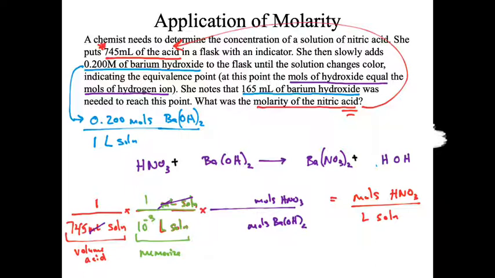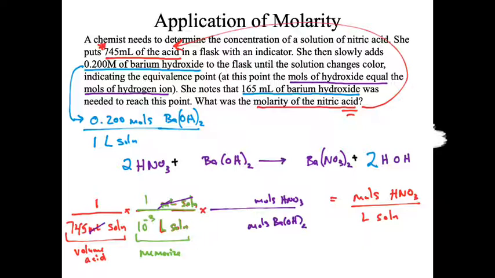So now what can we do? Now you're like, well, fine. I'm not going to help you anymore. It's a trap. 2 hydroxides, 2 nitric acids, barium balanced, hydroxides balanced, hydrogen balanced, nitrates are balanced.